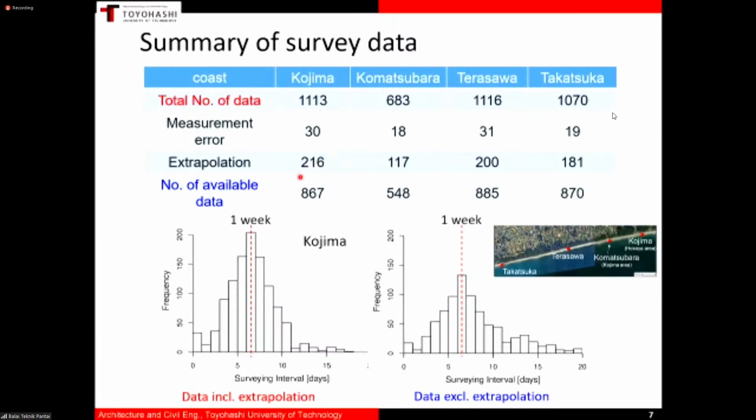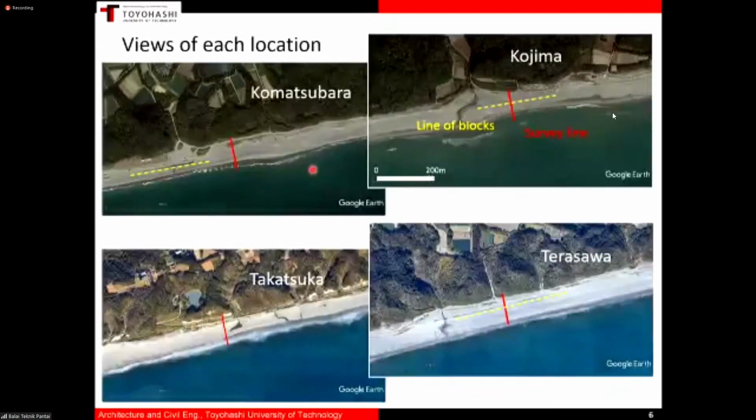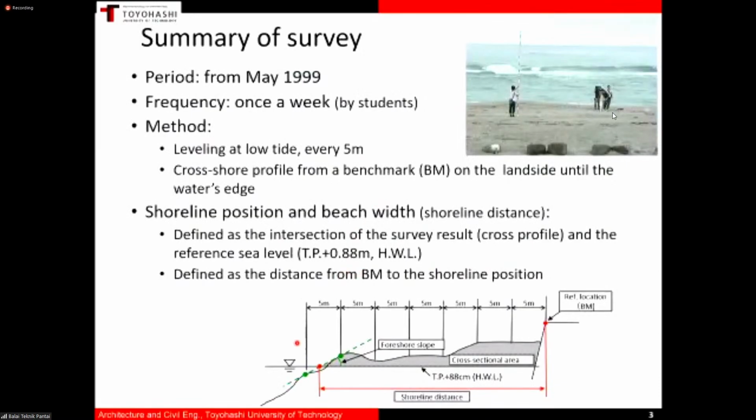And also, we measured using the leveling from the benchmark to the water edge. But sometimes this location is over the reference level. So at that time, we use extrapolation to calculate this intersection.